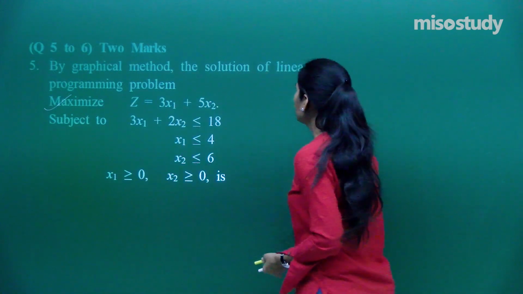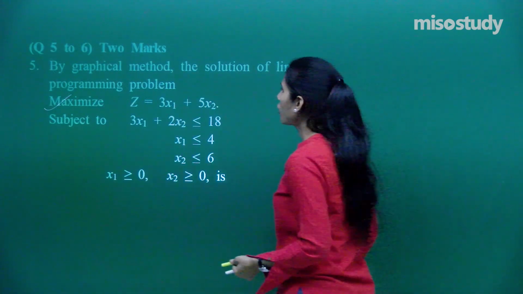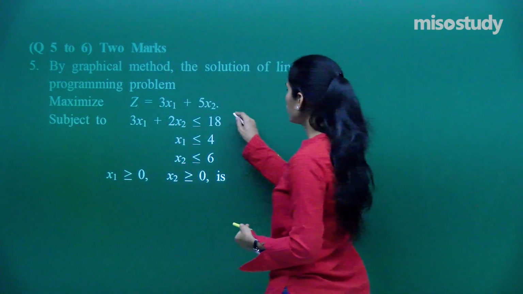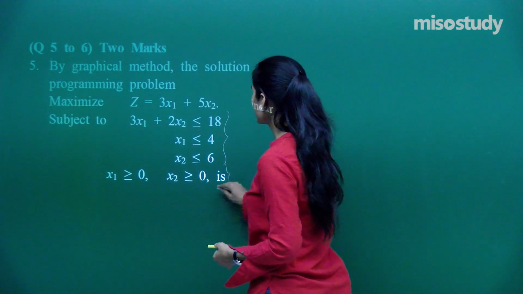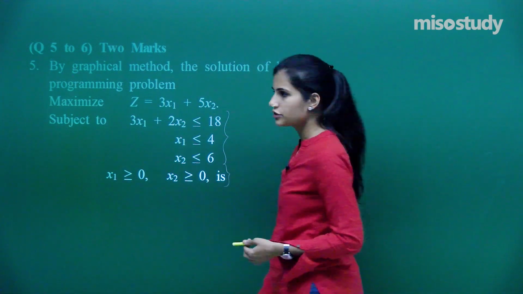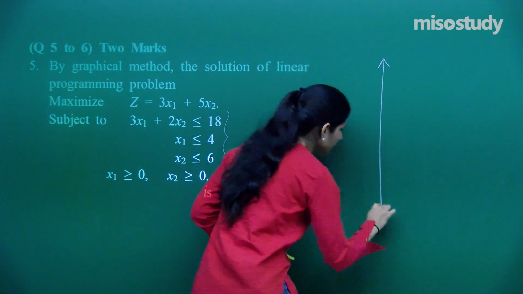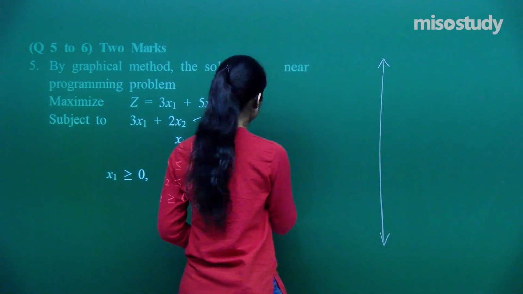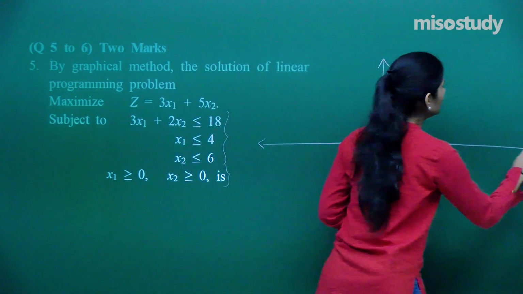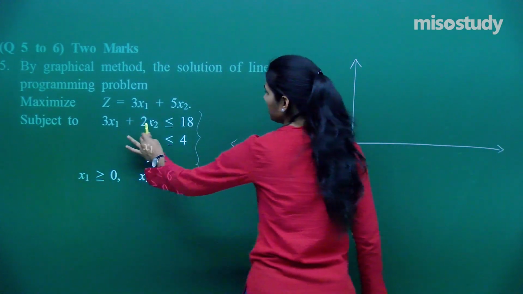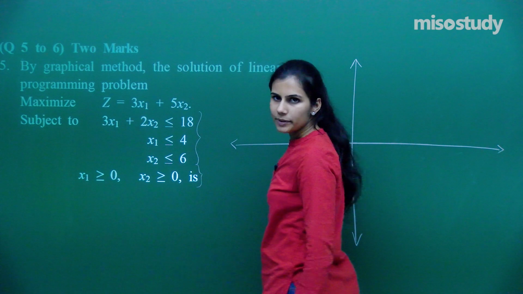By graphical method, what would the solution of this linear programming problem be? Let's begin. We need to plot all the constraints and also take into consideration the non-negativity restriction. You all know how to carry out the process. 3x1 + 2x2 = 18 you will be considering.